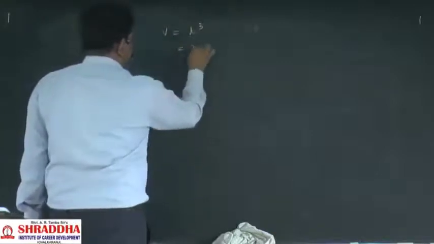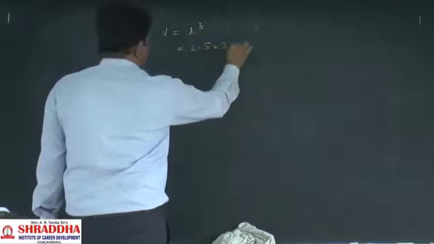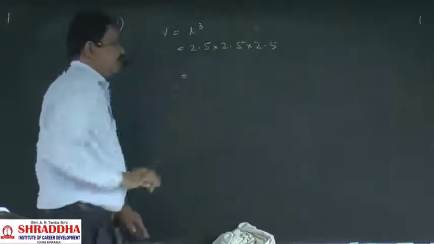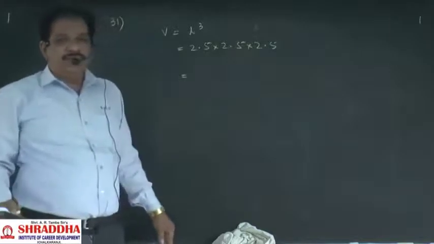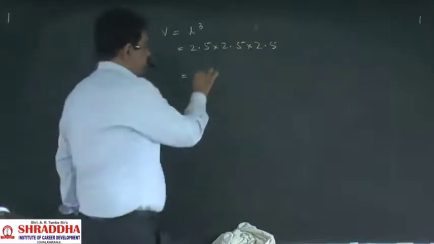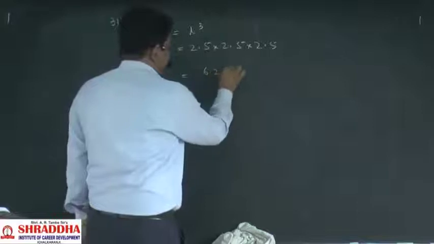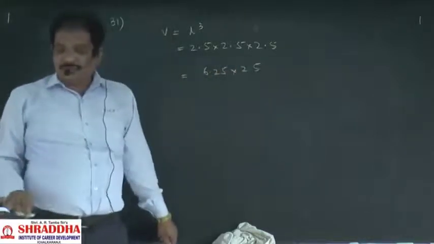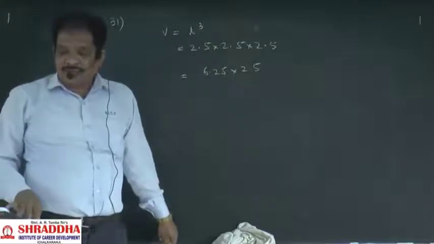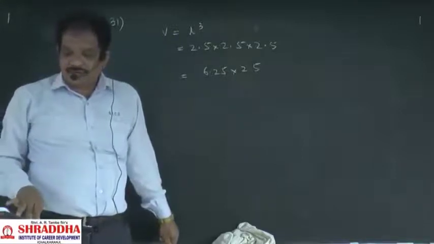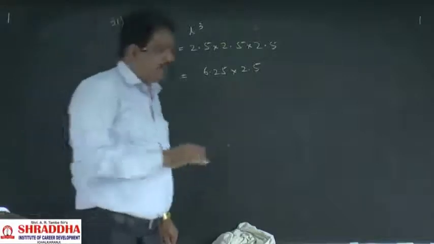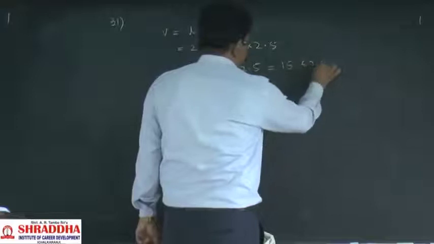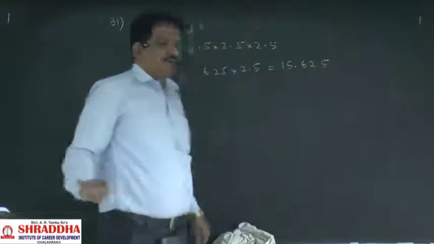So 2.5 into 2.5 into 2.5. 2.5 into 2.5 means 6.25, into 2.5. If you multiply that, finally we will get that value as 15.625.